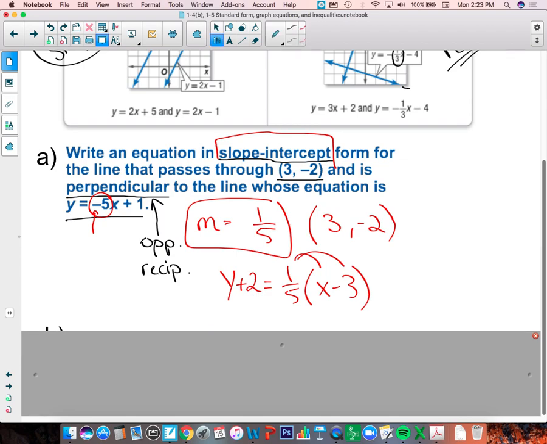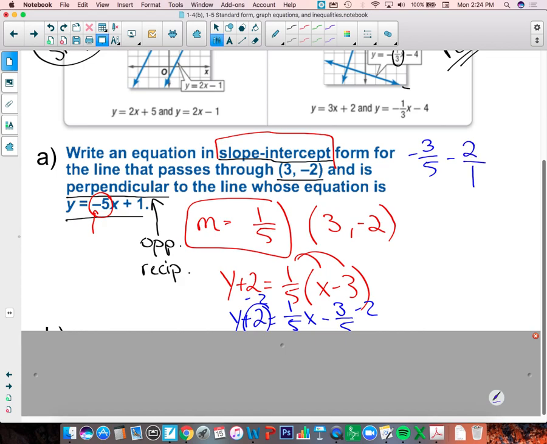See if I run out of space here. So y plus 2 equals 1/5 x. 1/5 times the -3, that's just going to stay as -3/5. Okay, last thing we have to do is move the 2 over. That has to move over to the other side, so we subtract 2 from both sides. So a little bit of work up here. You guys probably do have it on your calculator. -3/5 minus 2, so we got to get common denominator.